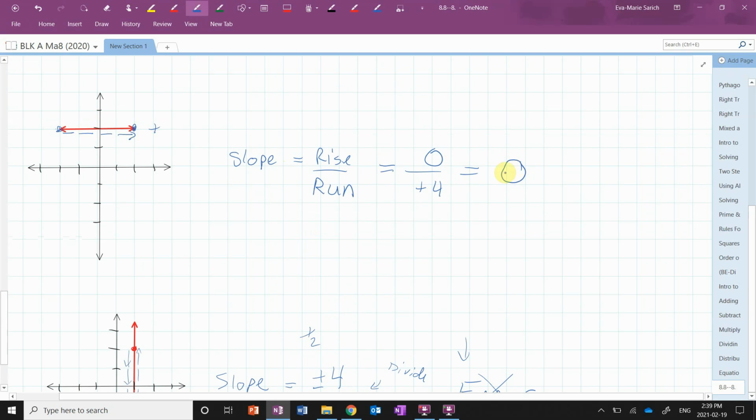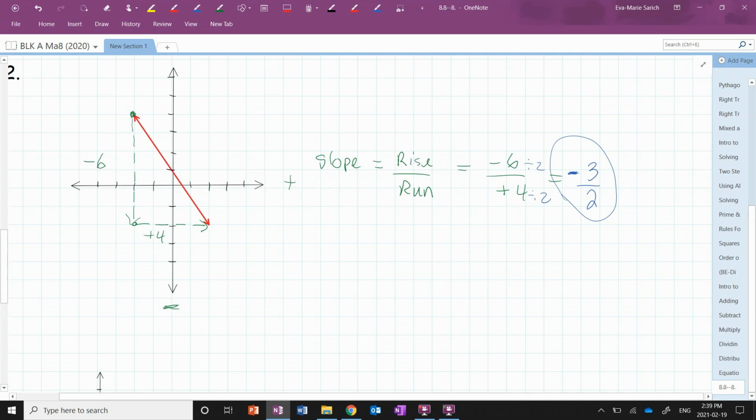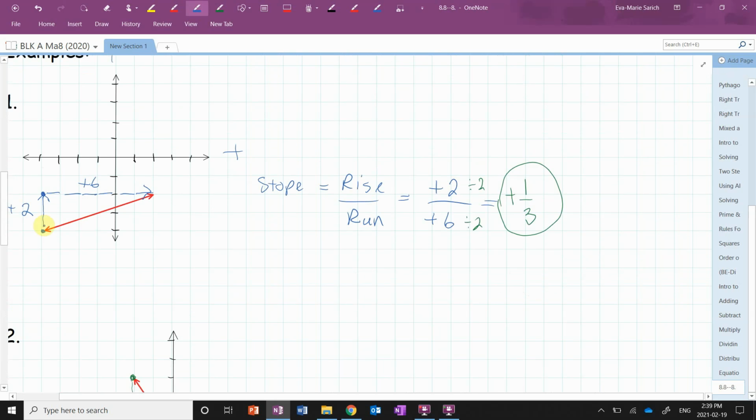A slope that goes down from left to right must be a negative slope, and a slope that goes up from left to right must be a positive slope. So use those general ideas when you are calculating your slopes. Remember, count the spaces to go up or down and the number of spaces to go across, and it's the rise over the run in lowest terms.